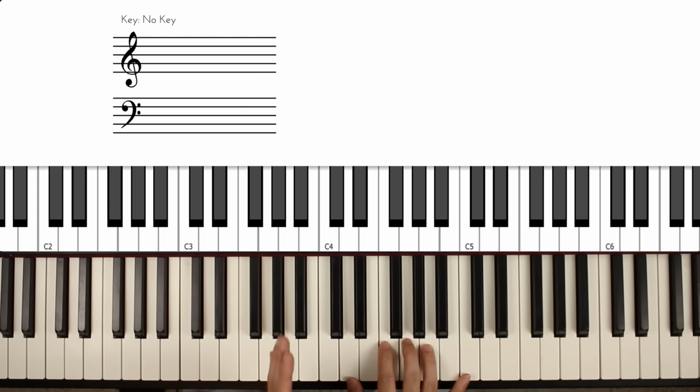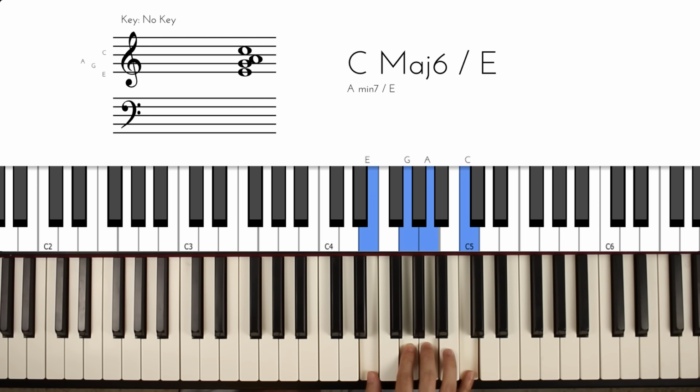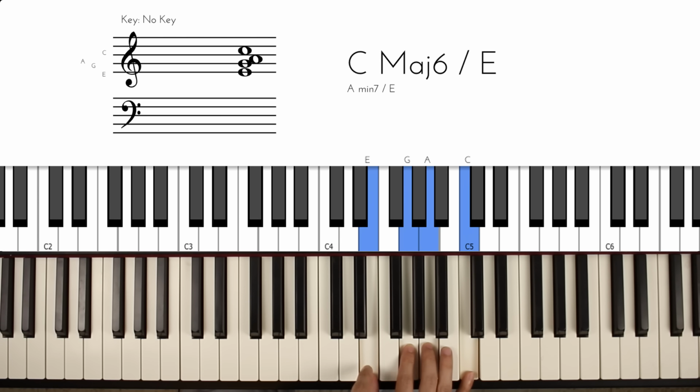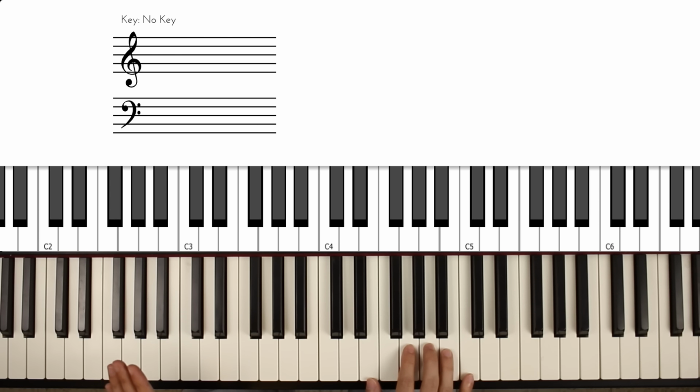Now, even though I didn't play the bass in the left hand, when you heard this, it was kind of obvious to you that this set of notes, E, G, A, and C, which could either be a C6 or an A minor 7, actually plays the role of an A minor 7, even though I didn't play the bass.